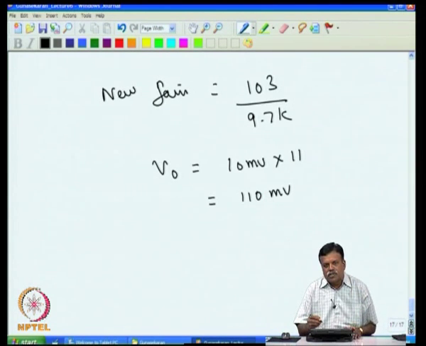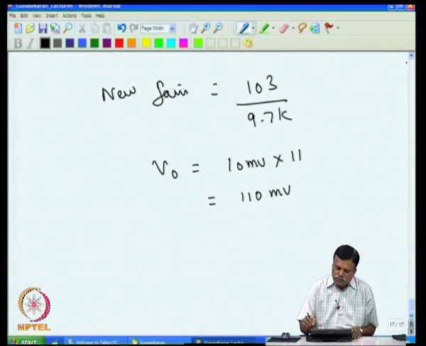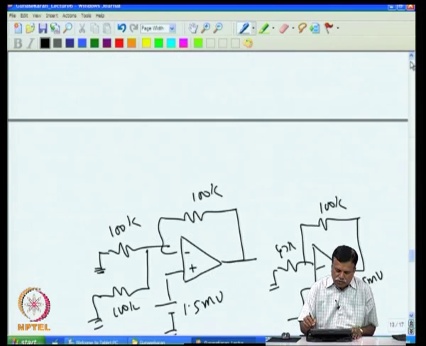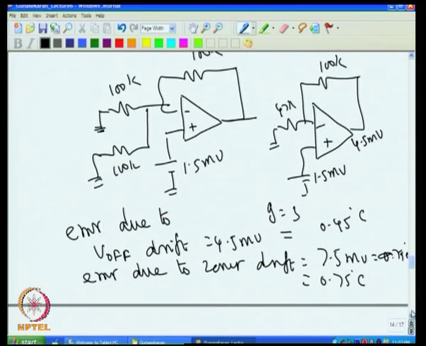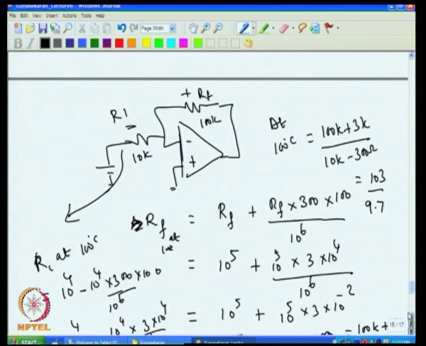And if you want to reduce the resistance drift, one way is to go for resistors which have lower drift. For example, if I look at metal film resistors, you get various ranges instead of 300 ppm. For example, in the drift calculation we had shown, we had taken drift as 300 ppm, that is why we have put 300. With metal film resistors, 10 ppm is there, so 300 becomes 10, or you also have 50 ppm, you also have 100 ppm.